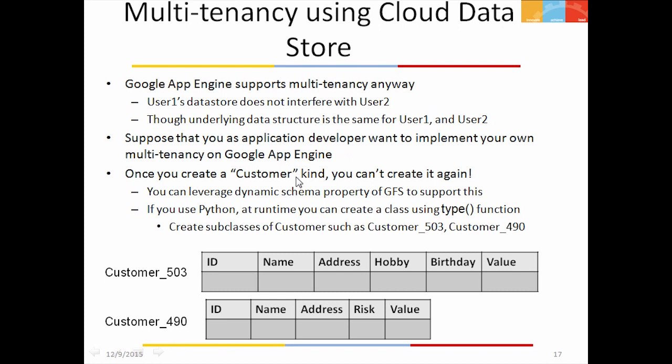But how do you then implement various multi-tenancy features if you're using Google App Engine as the underlying data store? Google File System supports this dynamic schema. So what one can do is create different subclasses of a customer, like customer 503 or customer 490. These are two different subclasses of customer. They can be created, and one can use interesting programming language level features to implement such multi-tenancy.